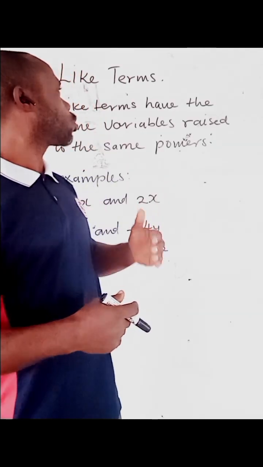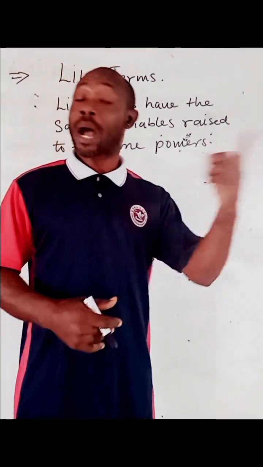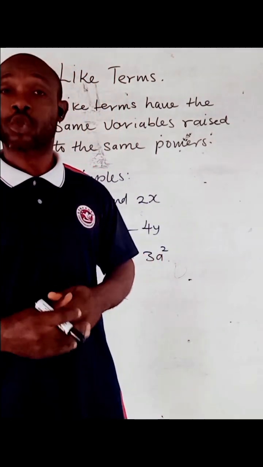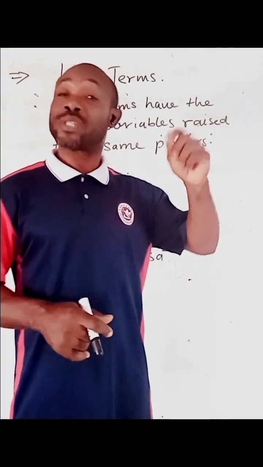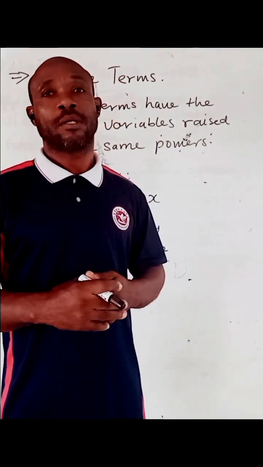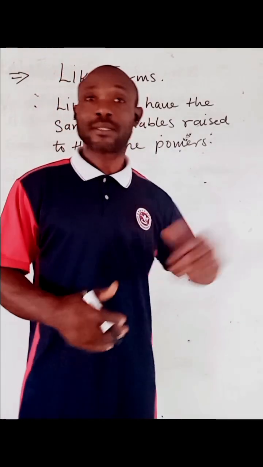And if the variables are raised to powers, the terms inside the expression should be raised to the same powers. So if this is so, then we can say that they are like terms.